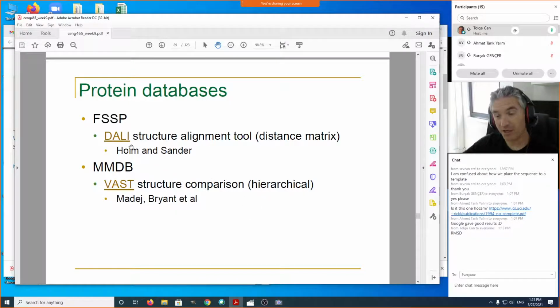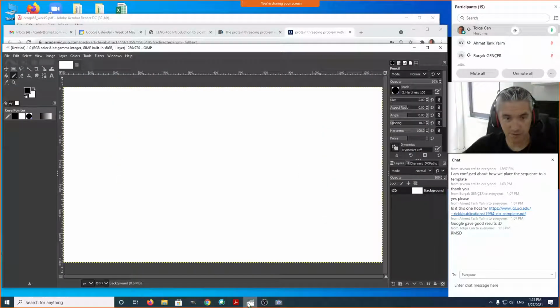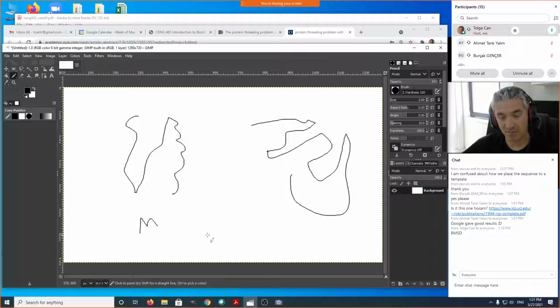For example, DALI uses something else. There is the CE algorithm that uses something else, but the problem that we're given is this. Let me try to draw it here. We have some protein shape, and we have another protein. Maybe something like this. Our goal is, as you can see, their lengths are different. This may contain M amino acids.